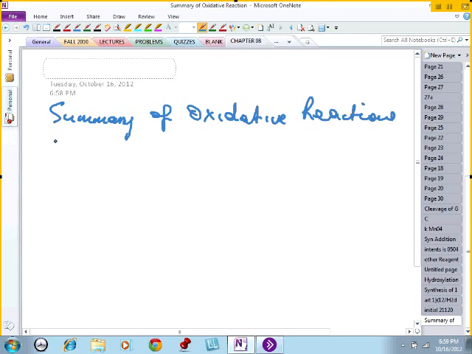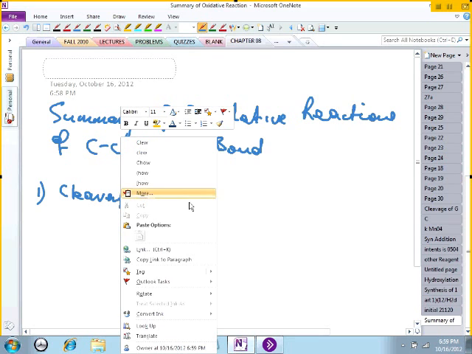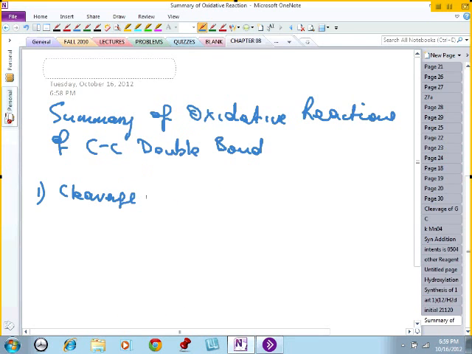Summary of oxidative reactions of carbon-carbon double bonds. One, we could do the cleavage with ozone, followed by zinc.